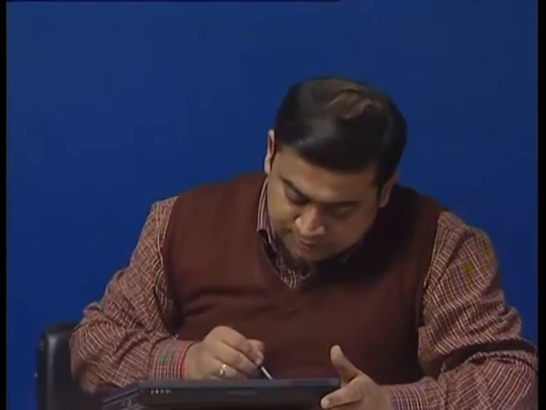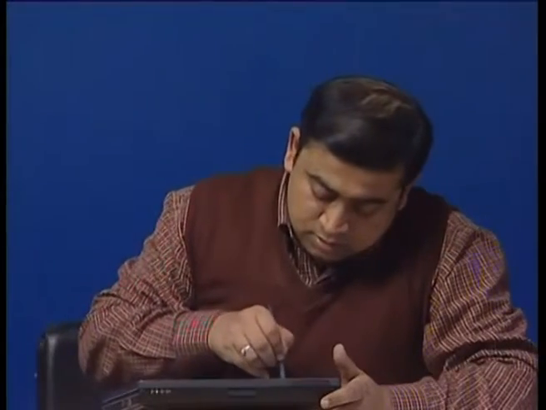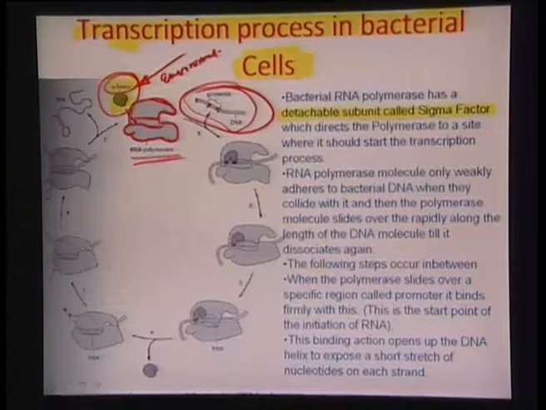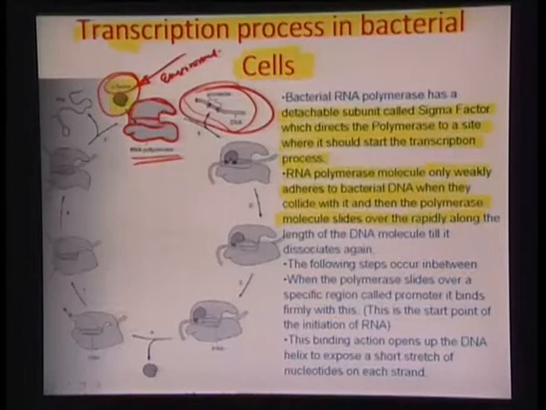So if you really look at this process, you have a detachable subunit, sigma factor. It directs the polymerase to a site where it should start the transcription, and the RNA polymerase molecule only weakly adheres to the bacterial DNA when they collide with it, and then the polymerase molecule slides over rapidly along the length of the DNA molecule until it hits the promoter region.